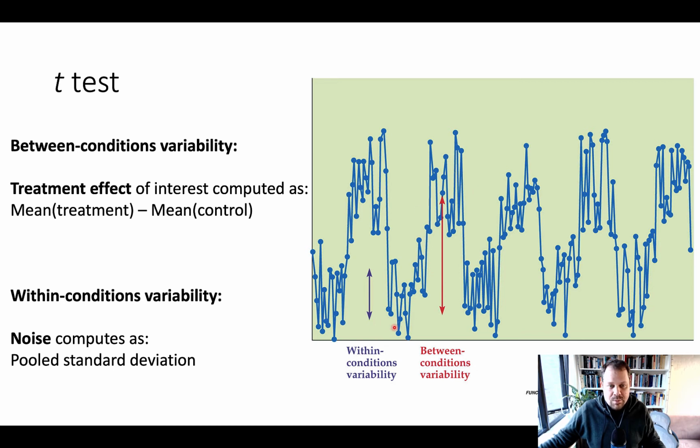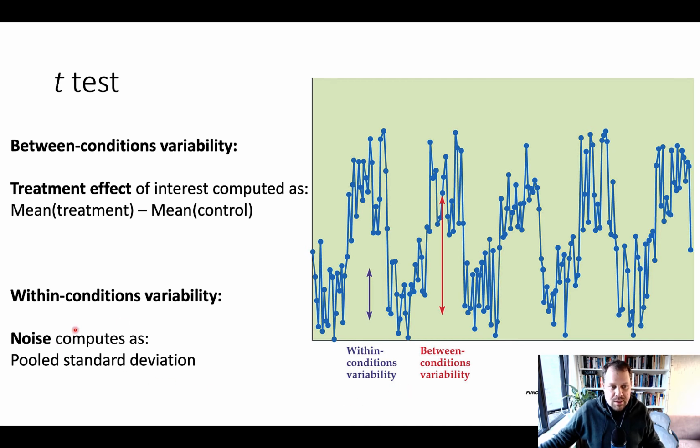So that is something we'd like to maximize if we want significant results. But we also have to deal with the within condition variability that's shown here. So the variability while the task is on and the variability in the signal while the task is off. So just within a given condition, the variability determines within conditions variability.